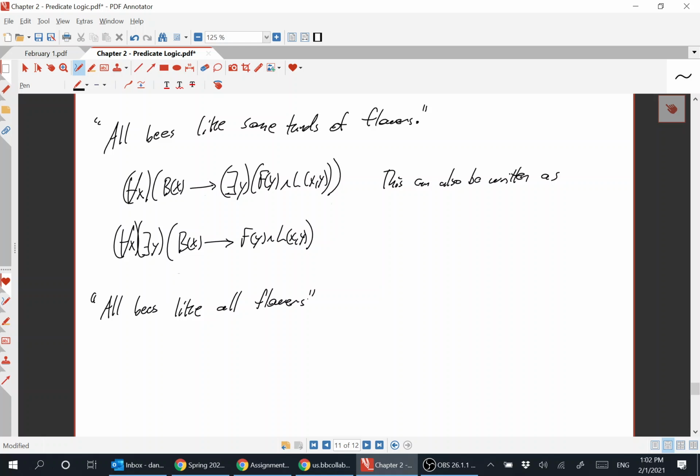Well, again, it's all bees, and all flowers.